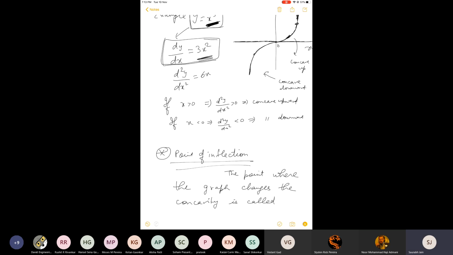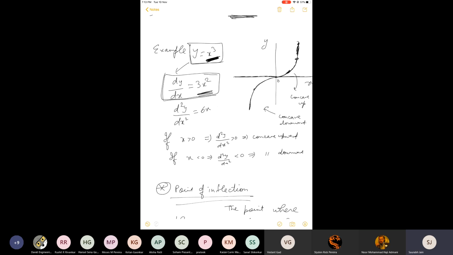So once again, we can take example of x cube. If you look at this graph of y equals x cube, then till 0, we are moving from left to right. Till 0, shape is concave down, and after 0, it is concave up.